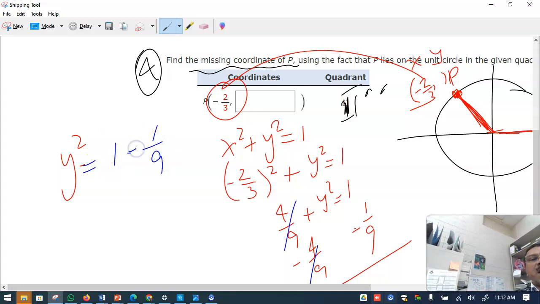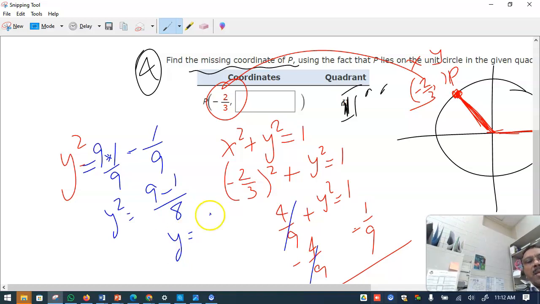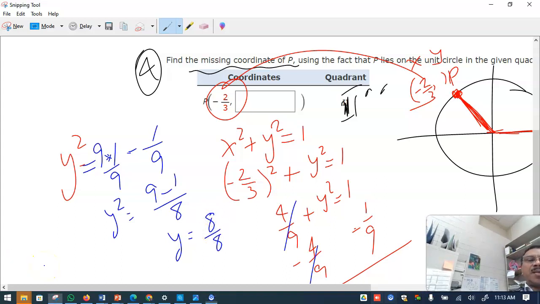Because there's a 9, you multiply by 9 and divide by 9, and then y squared is 9 minus 4 over 9. Sorry, I made a mistake. So this becomes 5 over 9.